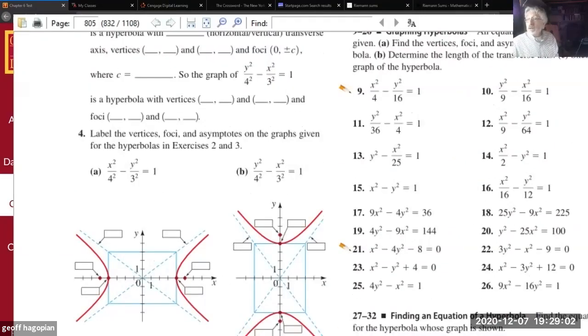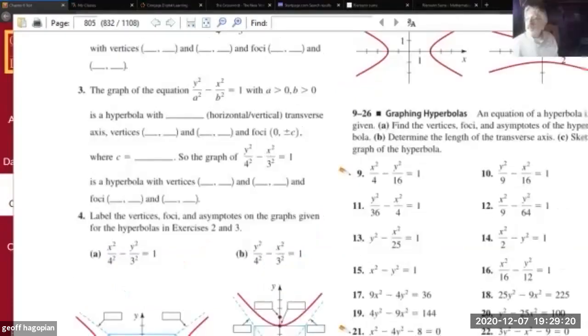Let's go with, say, number 12. So if we have x squared over 9 minus y squared over 64, find an asymptote of the hyperbola. B, determine the length of the transverse axis. C, sketch a graph of the hyperbola.